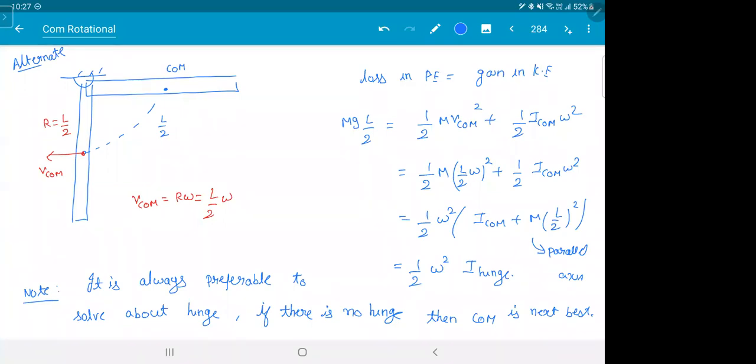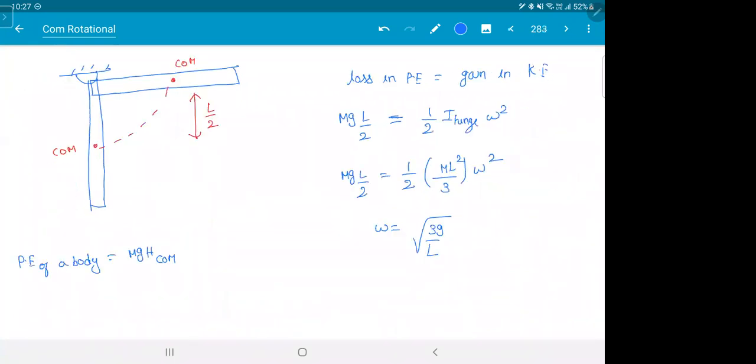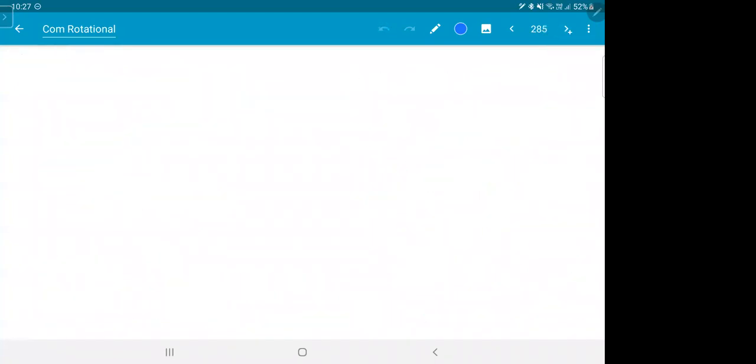Clear with this thing? All got this? Let's see the next one. So preferably the hinge is the best point. Let me give a similar problem. You guys try now. This time the rod is like this. This is the hinge. So you leave it, the rod becomes like this and it comes down.